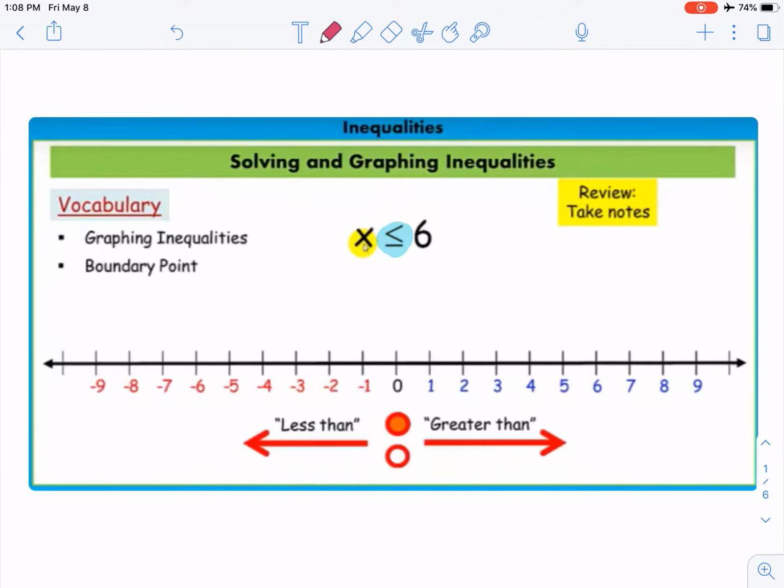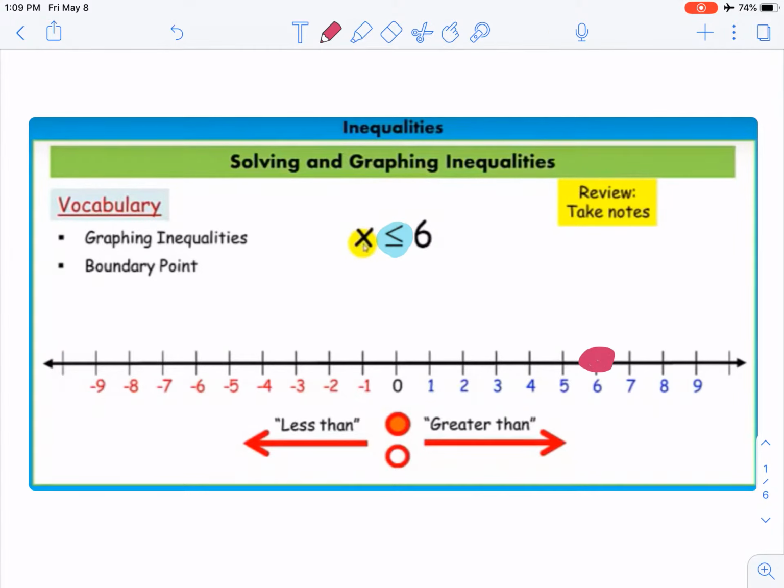The first thing I'm going to do is find my boundary point, positive 6 in this case, and I need to decide whether this boundary point is going to be shaded in or left open. In this case, because I have x is less than or equal to 6, I'm going to shade in the boundary point to show that 6 is part of my solution.